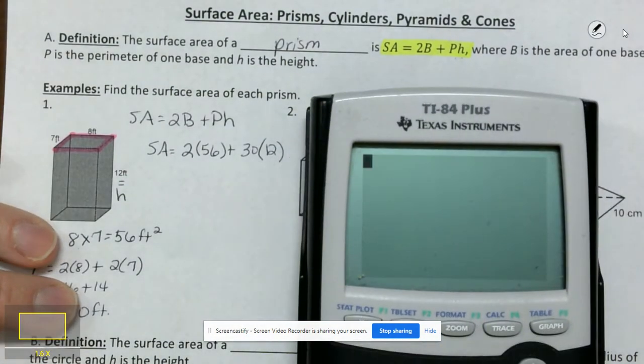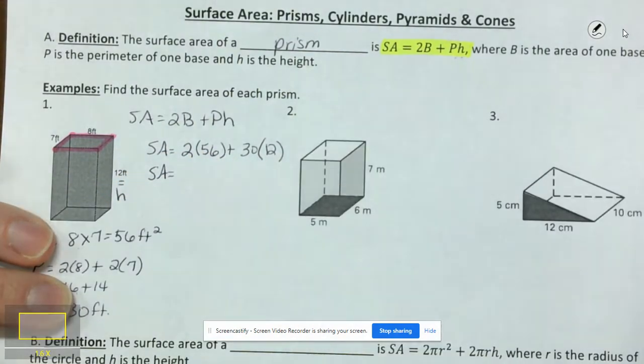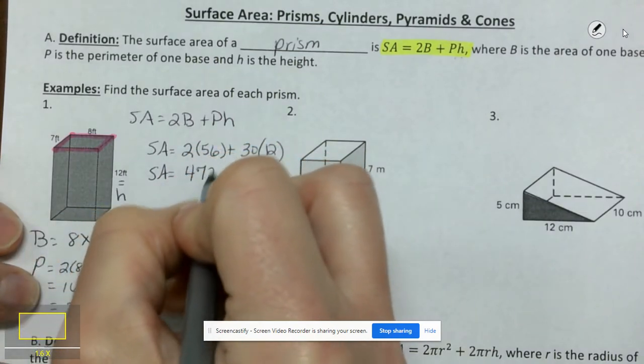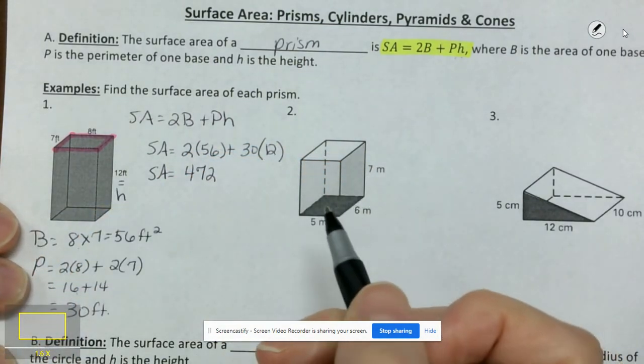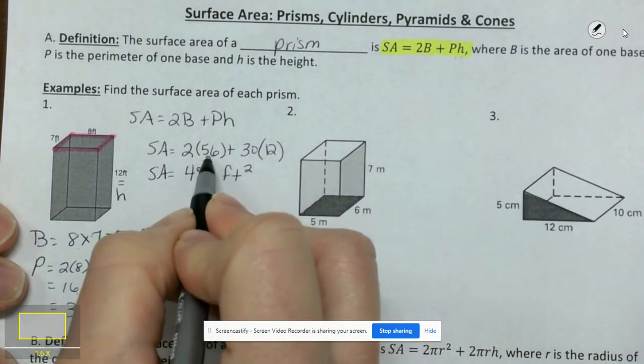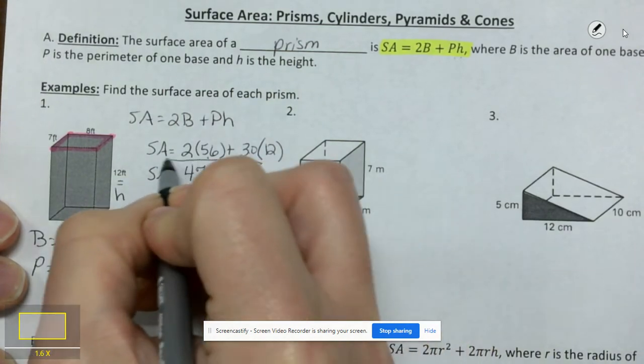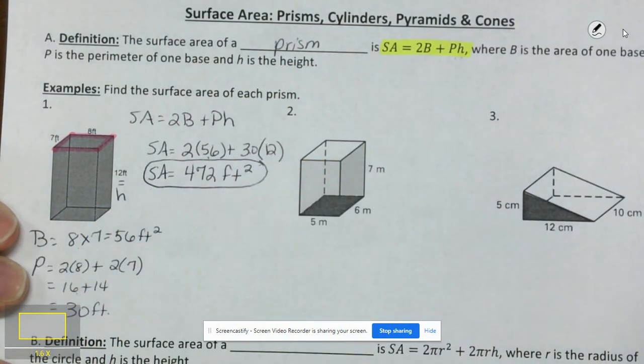We key in 2 times 56 plus 30 times 12. That gives us 472. You'll notice it's feet squared, because you've got feet times feet here, which is feet squared. So our surface area is 472 feet squared.